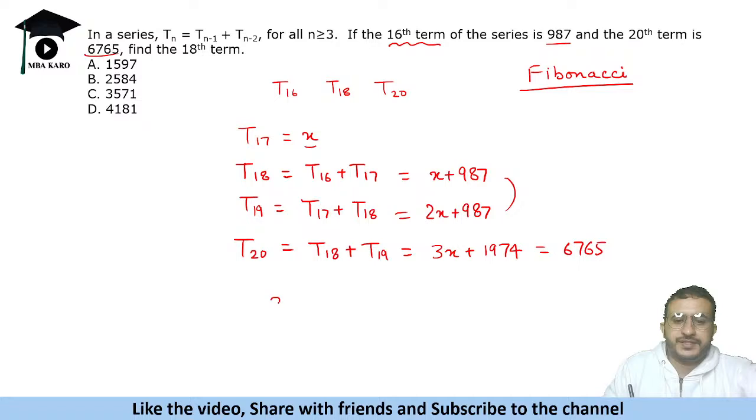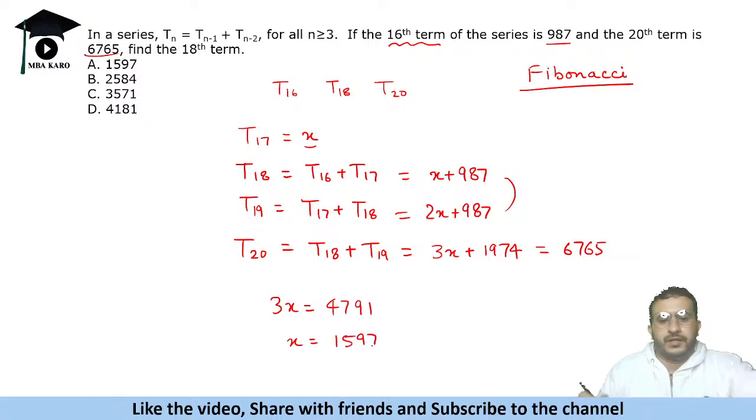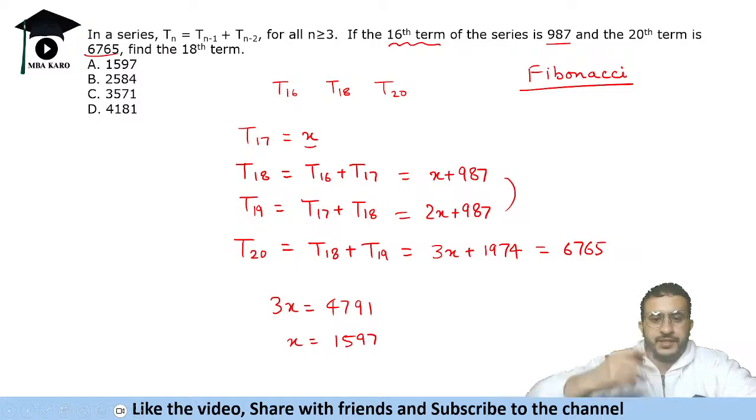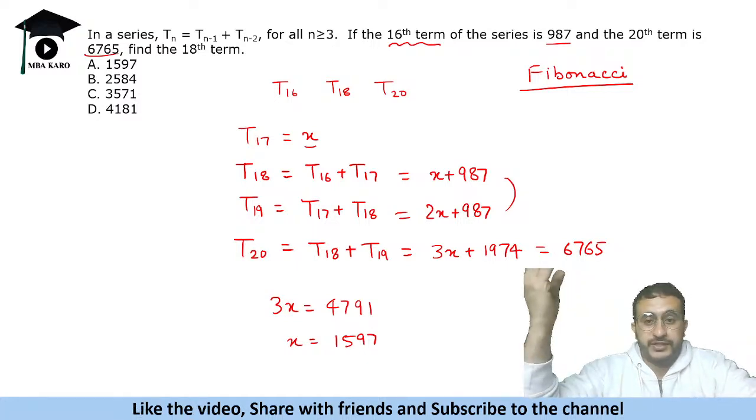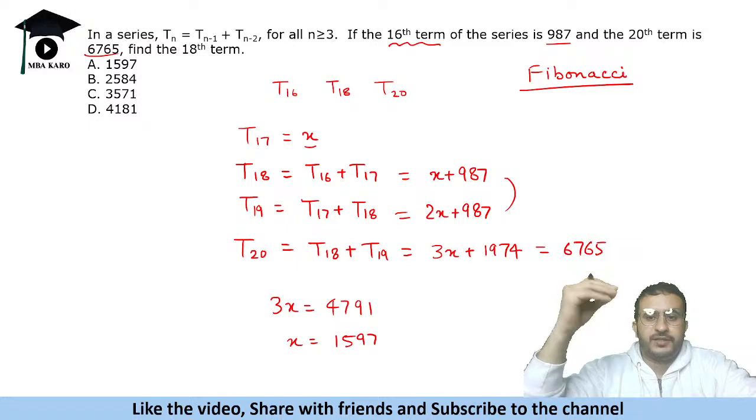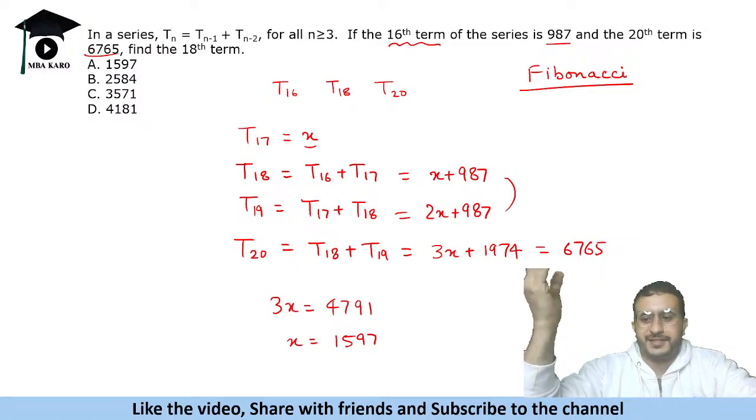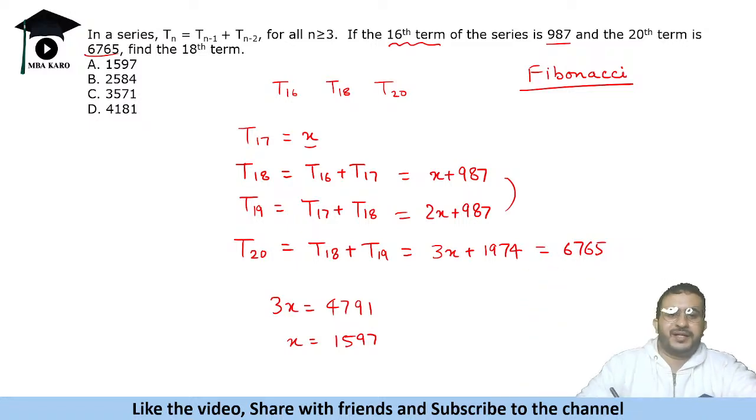Okay, so this gives us 3x is equal to 6765 subtract 1974, 4 7 and 26 ऐड कर लो 9 1. अब एक कॉमन मिस्टेक लोग करते हैं, ठीक है, which I have also done in the examination, कि क्योंकि हमें बचपन से होता है कि x आंसर है, ठीक है, so we may mark answer as 1597.